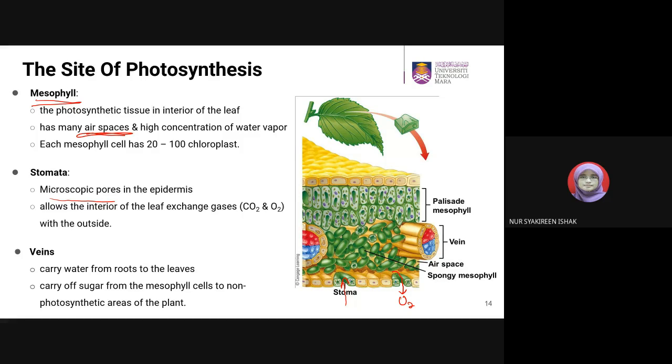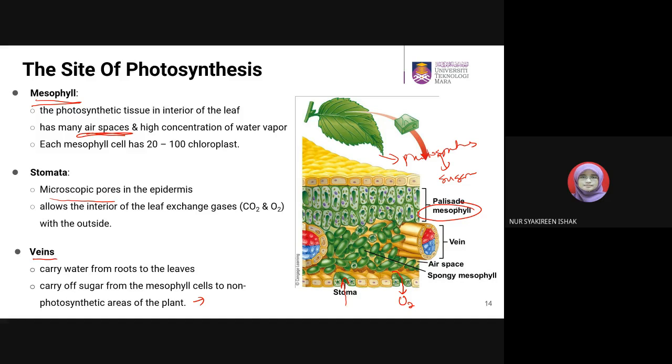And then vein. Okay, so you have vein. So it carries water from roots to the leaf, and carries off sugar from the mesophyll cell to non-photosynthetic areas of the plant. So the leaf will carry out photosynthesis. Okay, photosynthesis produces sugar. So photosynthesis will basically occur in the mesophyll cell.